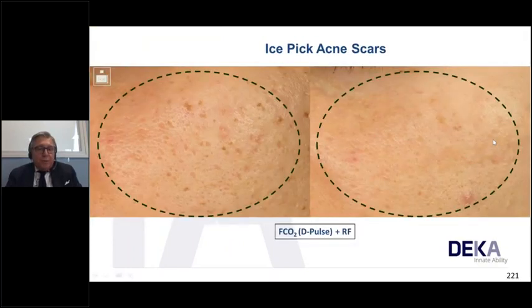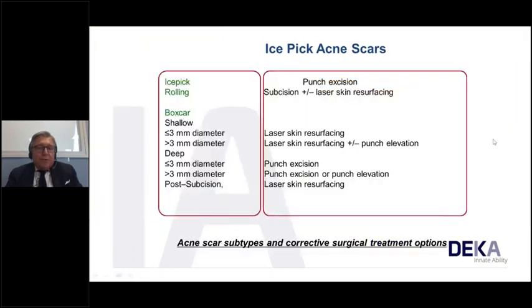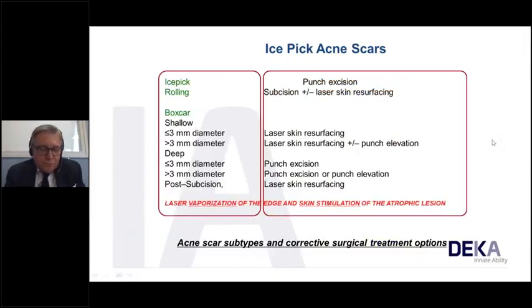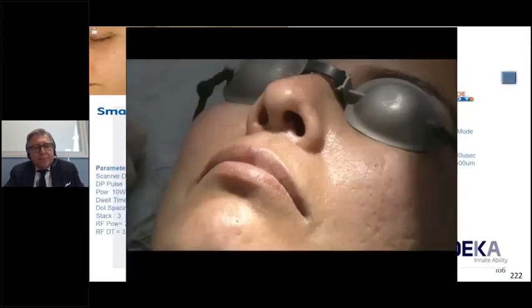I think it's very important. In terms of tips and tricks, I recommend the use of the freehand and scanner in the same session, because we have in our armamentarium a lot of strategies that you can see in this slide, but we prefer in our protocols to use the laser. How to use the laser?